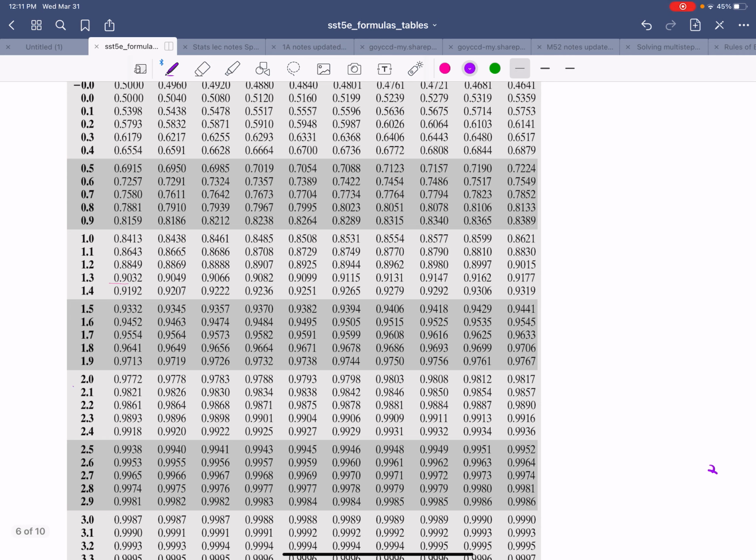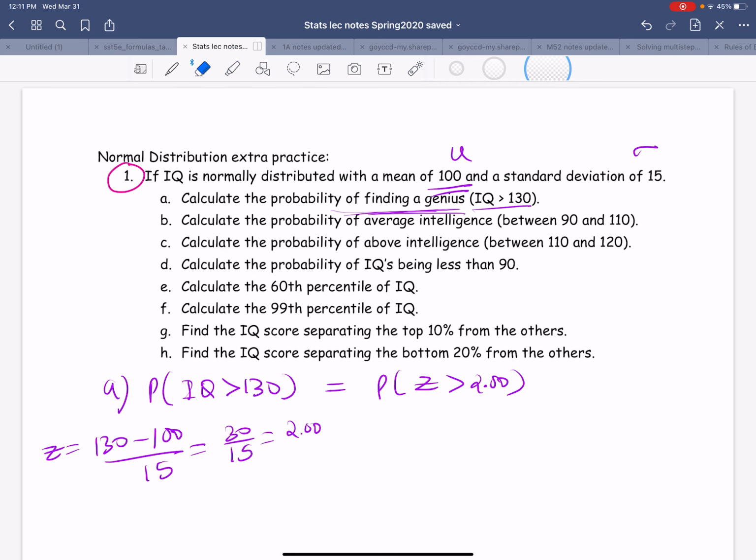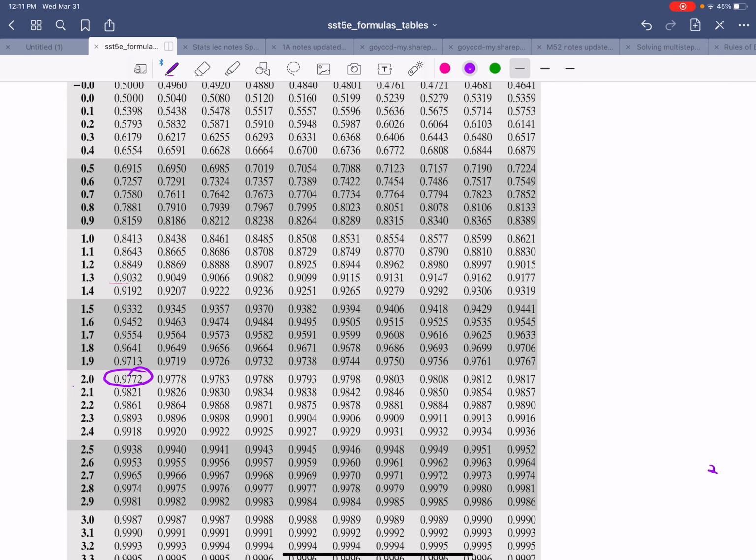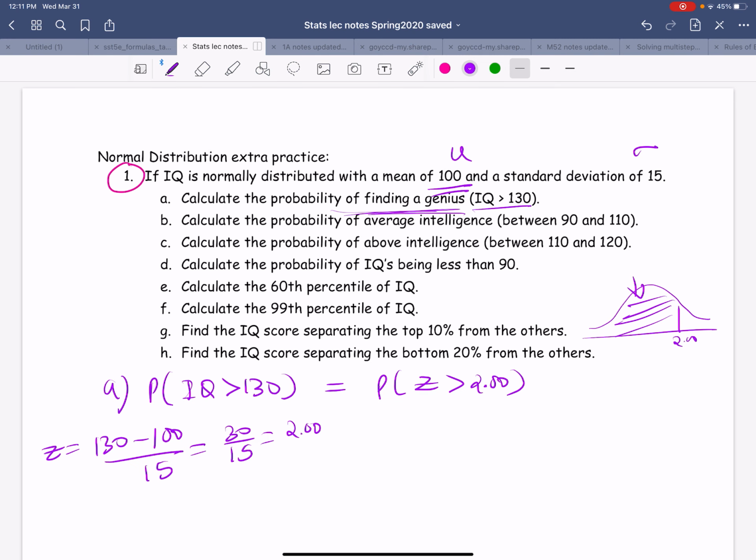So 2.00 is here, 0.9772. That is the area to the left, but we want area to the right because we're looking for greater than, not to the left. So 1 minus 0.9772 turns out to be 0.0228.